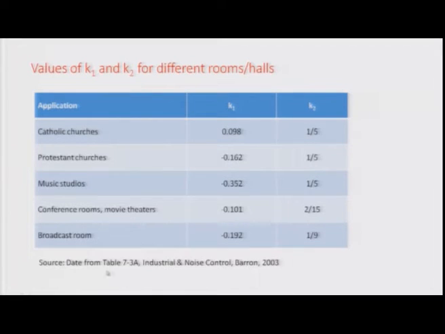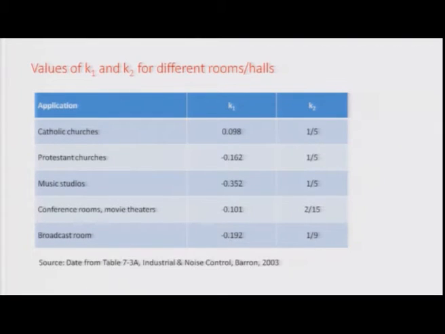These data I have extracted from this book, Industrial and Noise Control, written by Barron, but these were originally estimated by Beranek, and in this book also he has drawn upon this data from Beranek's work.